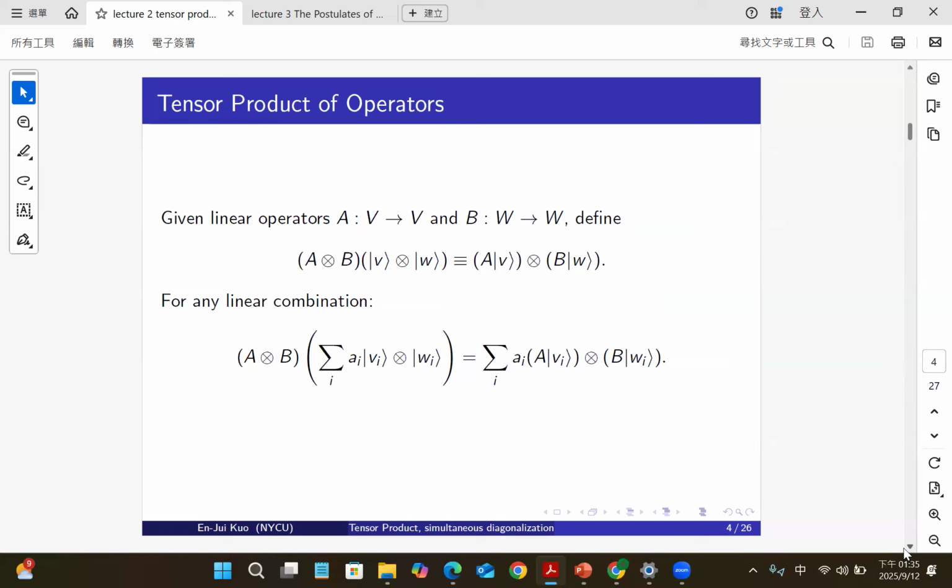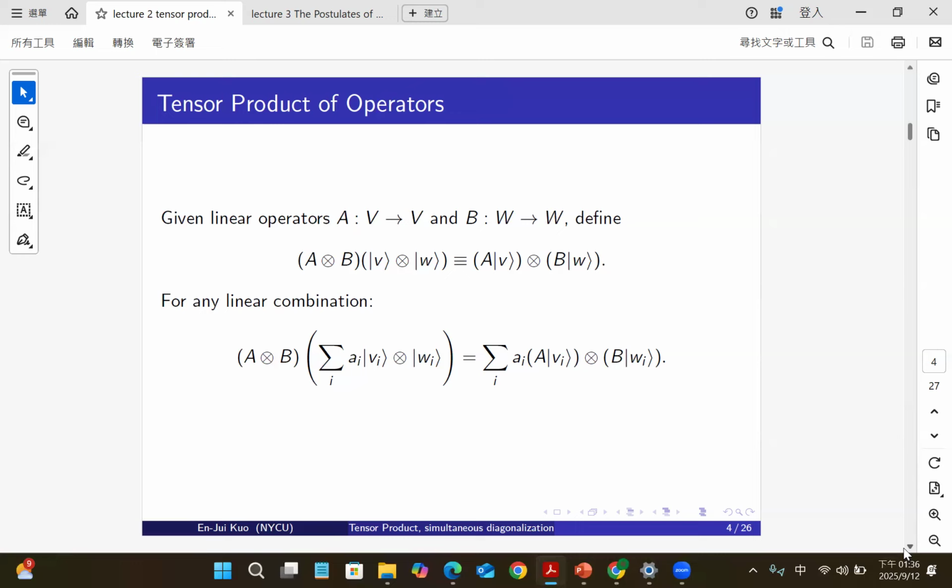And also in particular, let's say you take two linear operators or two matrices, A from V to V and B from W to W. You can define A tensor B acting on V tensor W. And it's trivial, because A is only defined on V to V. So the natural definition is that A acts on V, becoming another vector in V, and then B acts on W, becoming another vector in W space, then just do the tensor product. 对，所以这个定义其实完全就是 tautological，就是没有任何特别的地方在里面.